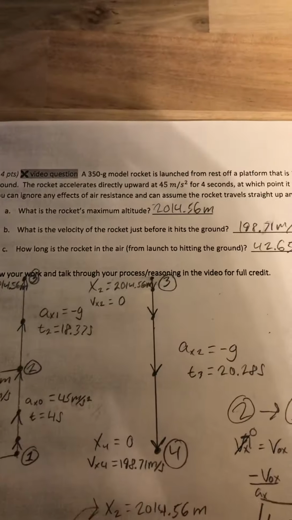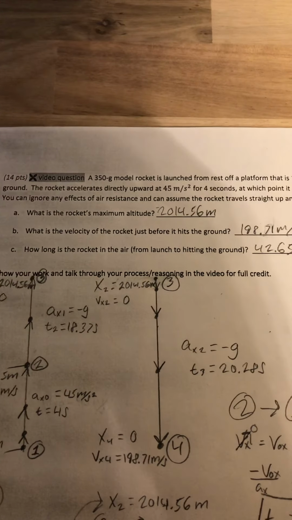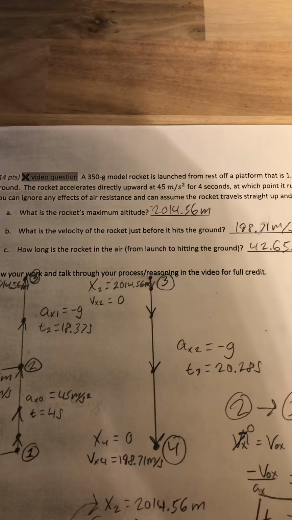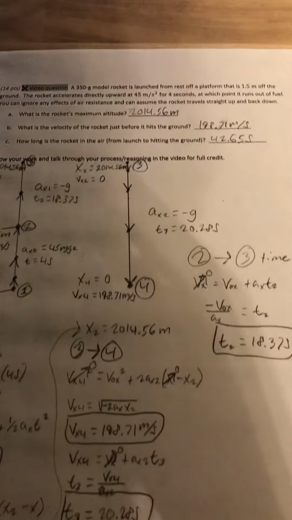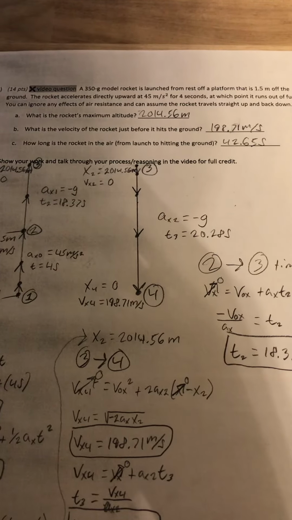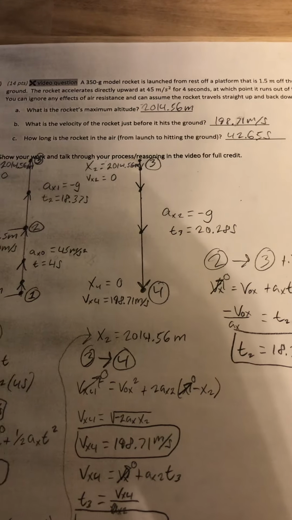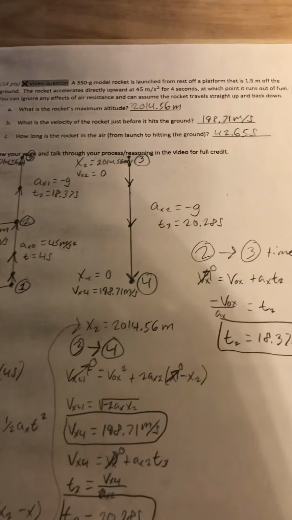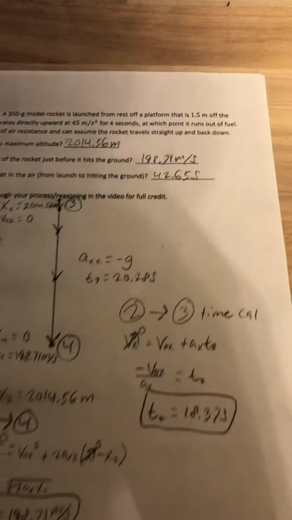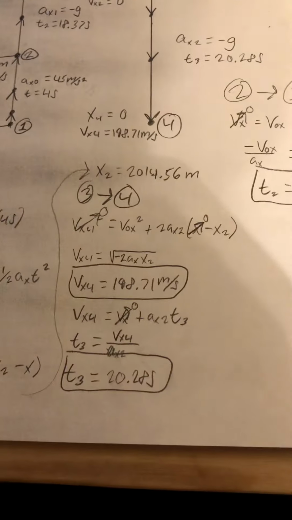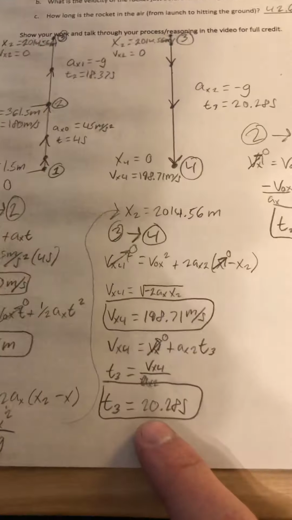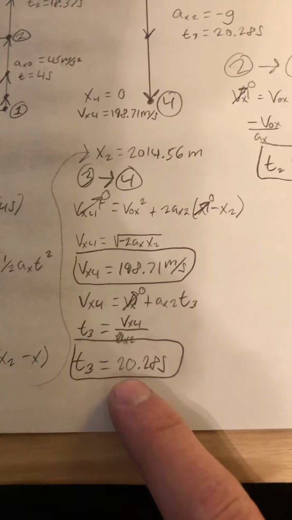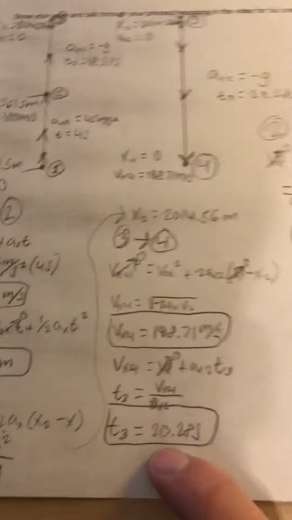After that, we were doing C. How long is this rocket in the air from launch to hitting the ground? It's 42.65 seconds. You can see that I had to calculate T3 because I didn't have that already.